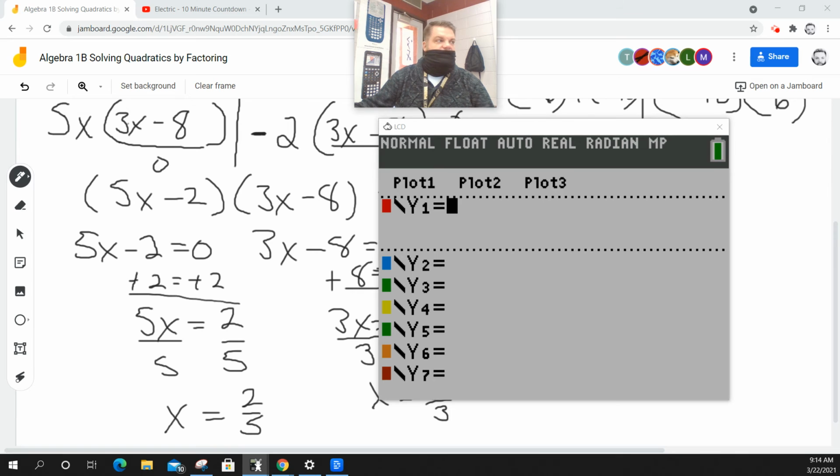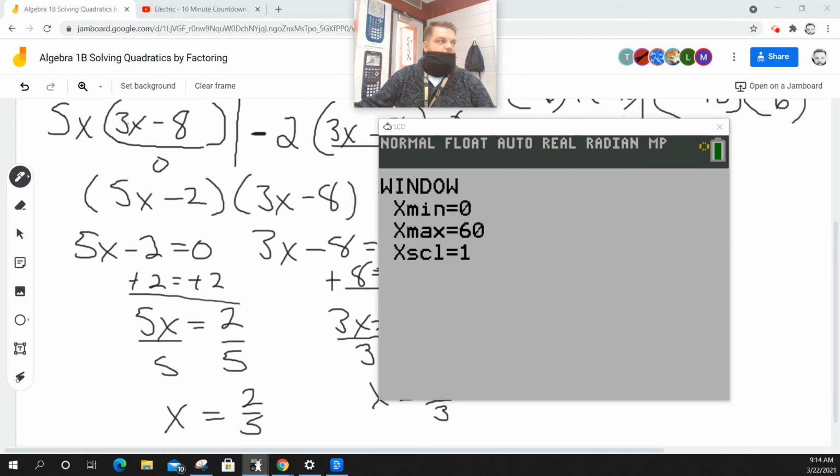So if I put in my graphing calculator 15x squared minus 46x plus 16, and I graph that, then wherever it crosses the x-axis should be 2 fifths and 8 thirds. The only challenge is the window.